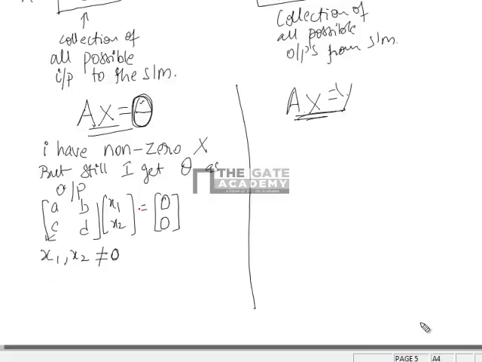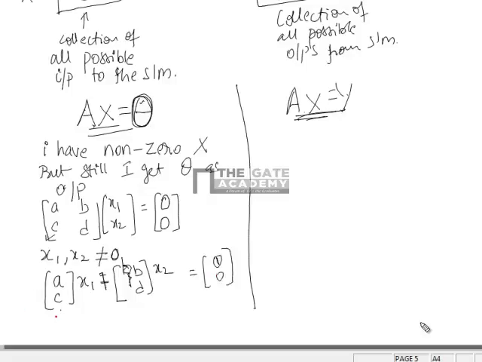That means AC times x1 is nothing but BD times x2. Correct? This is what I get as the output, and this is nothing but 0, 0. Means what?